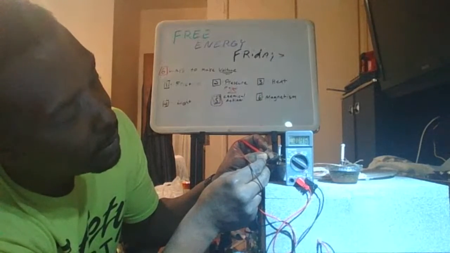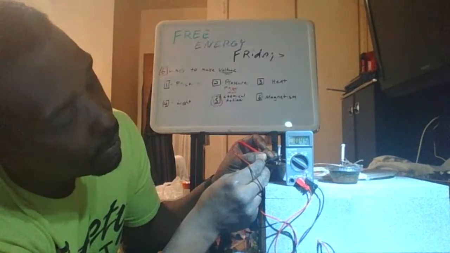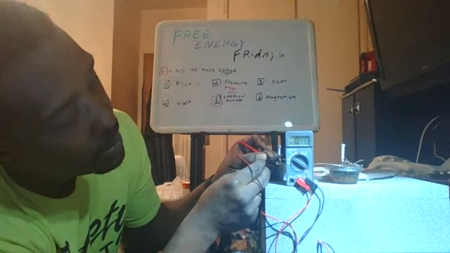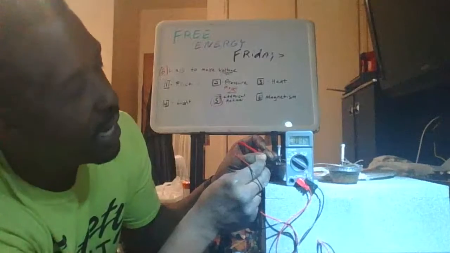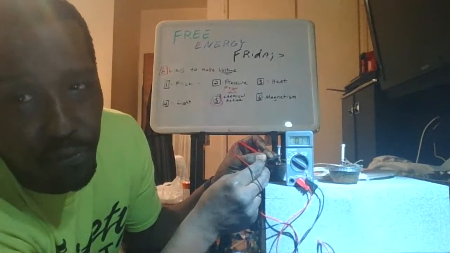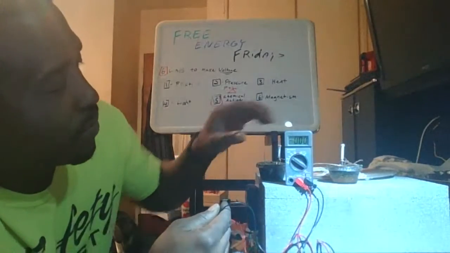What's the difference between this one and that one? Well, we can already see that this one here is up to almost a half a volt. It's at 0.5, when the other one was at 0.3 going up to 0.4. We can definitely see that off the rip.